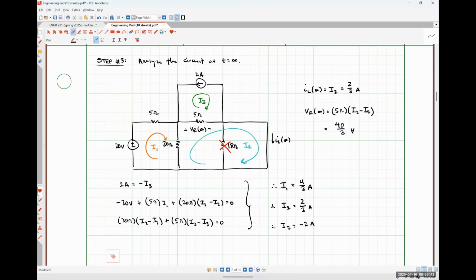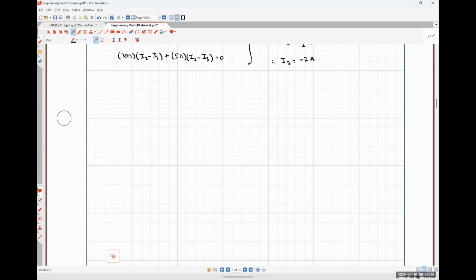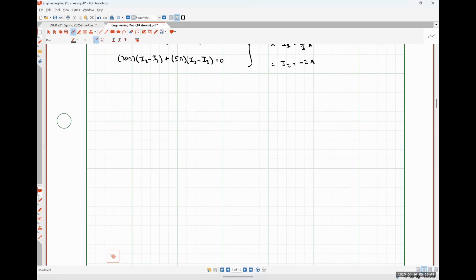All right, so let's move on to step 4. For step 4, we are simply trying to determine how the circuit behaves during the transient condition.